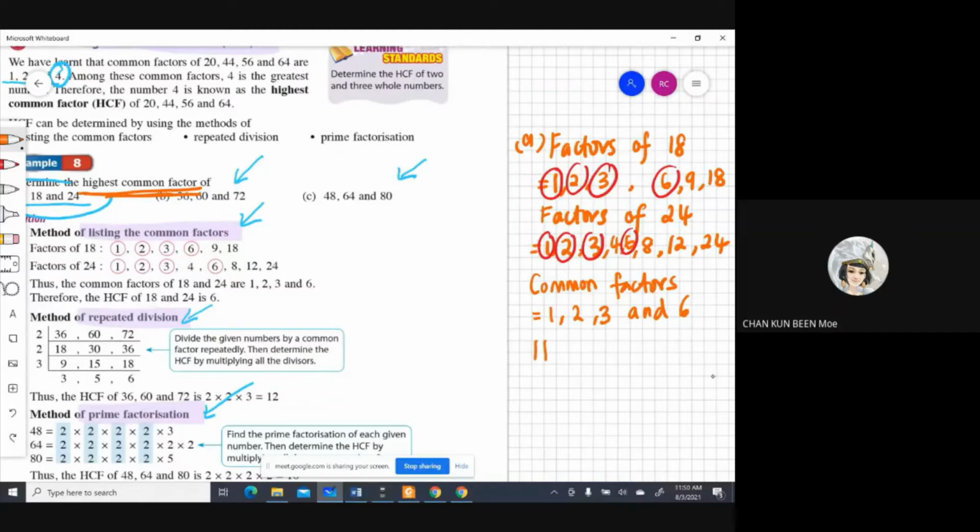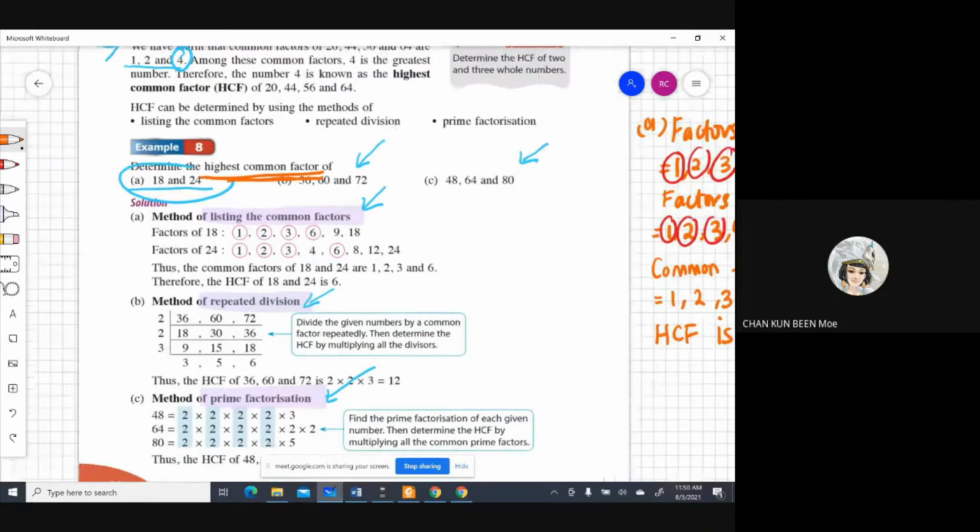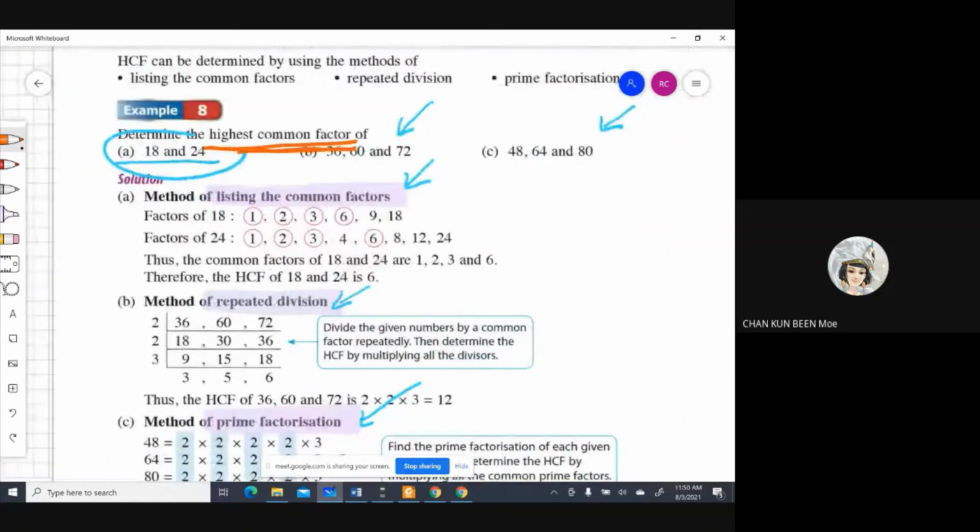Therefore, the highest common factor, the biggest number, is 6. That is how you get the HCF. You can look at your answer in your book. Like what we did just now, you list down the factors, you find the common numbers, and then you state that the HCF of 18 and 24 is 6.